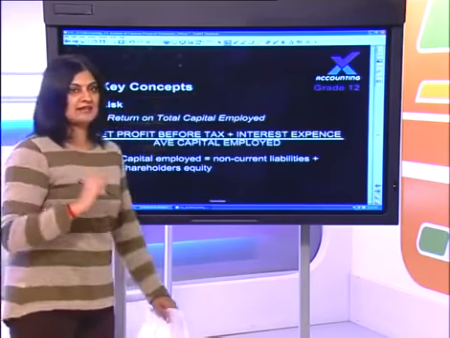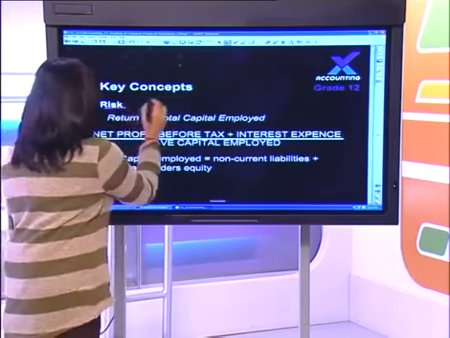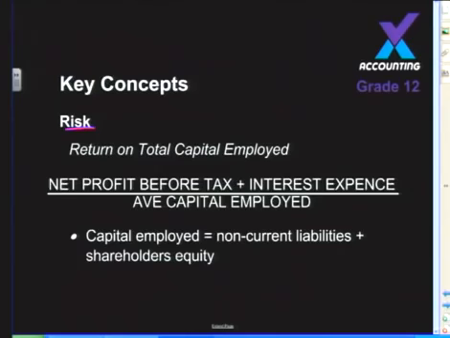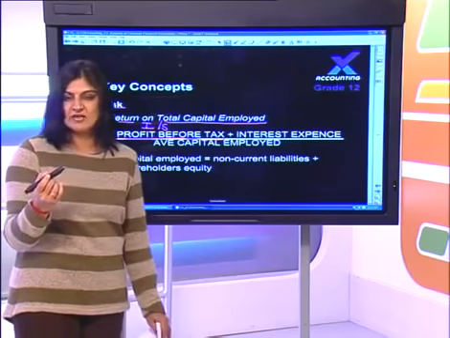Okay, still with the category of risk, guys, the next ratio that we're looking at is your return on total capital employed. Now let's look at firstly the calculation itself. Here I'm going to need my net profit before tax, which I get from my income statement. Remember, here you are analyzing financial statements.